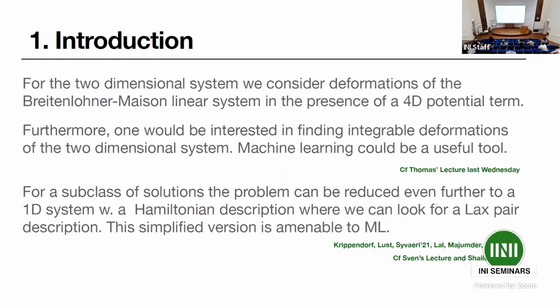And for this talk, basically, we're going to consider a subclass of solutions for which the problem can be reduced to a one-dimensional system. For this one-dimensional system, we're going to see that there is actually a Hamiltonian description, and this connects our problem with some efforts that have been taken already in constructing Lax pairs in one-dimensional systems.